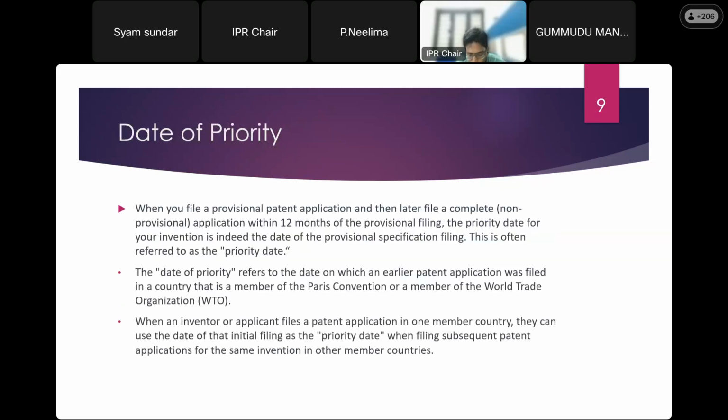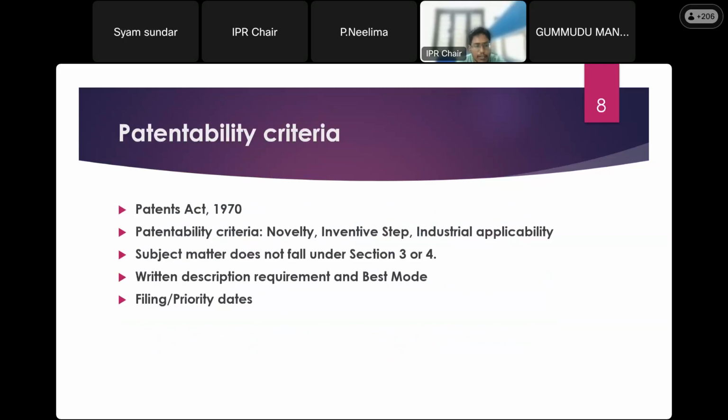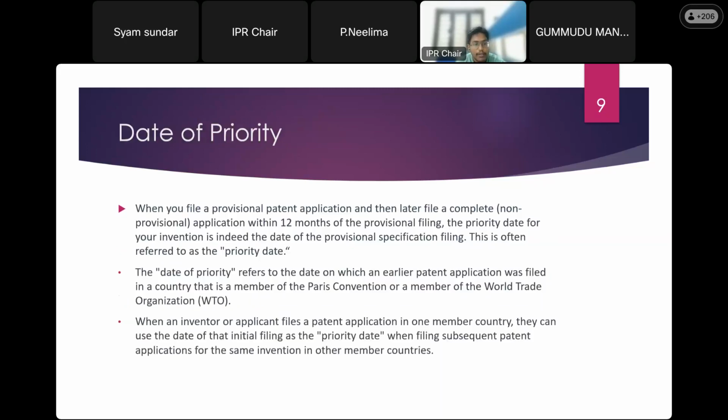Now I am going to discuss the further slide. So here, date of filing or date of priority test. Priority date is nothing but, for example, when you file a provisional patent application, what is meant by provisional? Here provisional means, for example, you have come up with an invention, almost 70-80%, but you are not sure about the remaining 20%.